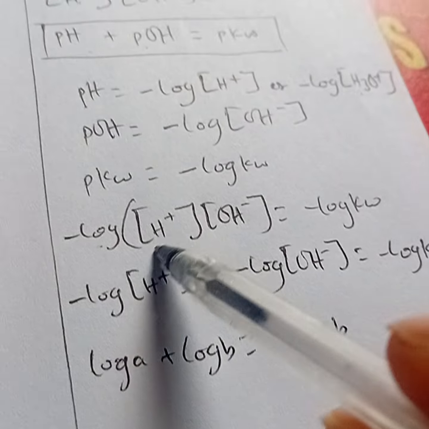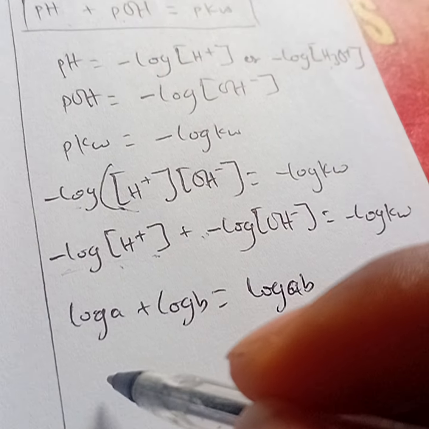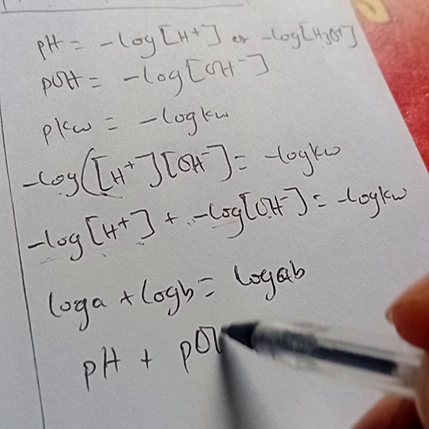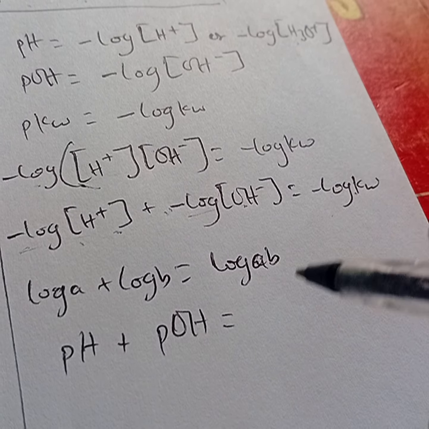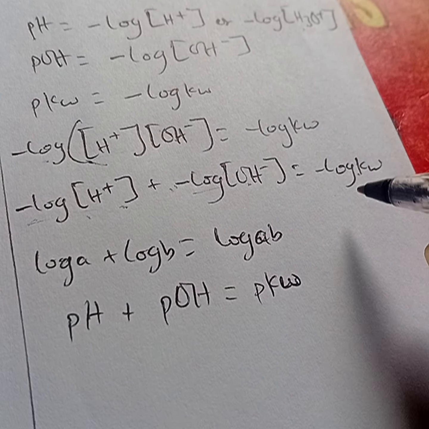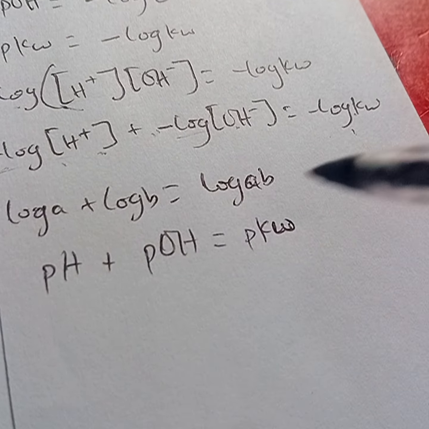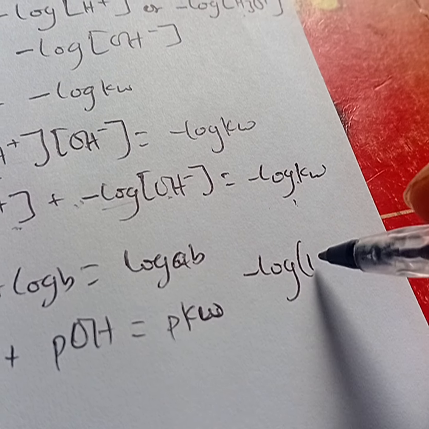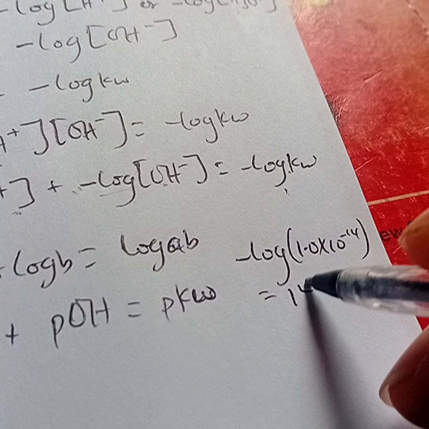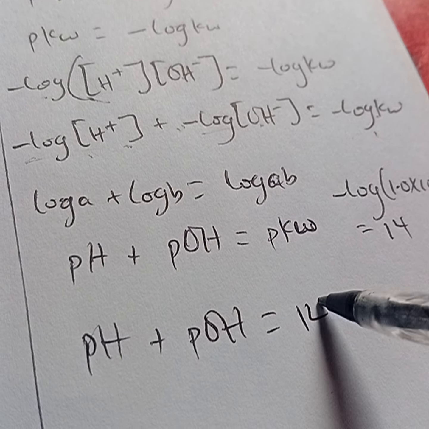Since here they are multiplying, I have to change it to plus. So negative log of H plus concentration is pH. Negative log of OH minus is pOH, equals negative log of Kw, which is pKw. And we know Kw to be 1.0 by 10 to the power negative 14. So let's take the negative log of 1.0 by 10 to the power negative 14. If you input it into a calculator, you get 14. So pH plus pOH is equal to 14.